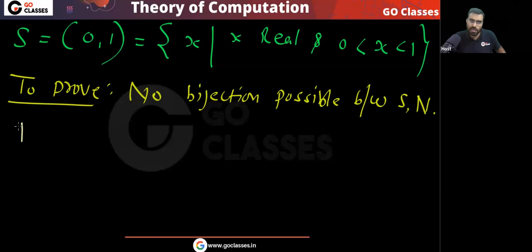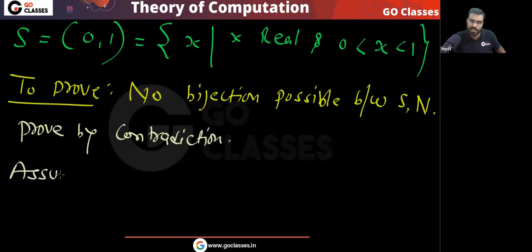So what I will do? I will prove by contradiction. Yes or no? Okay. So I will assume there is a bijection.